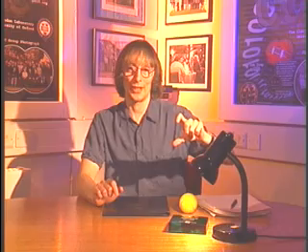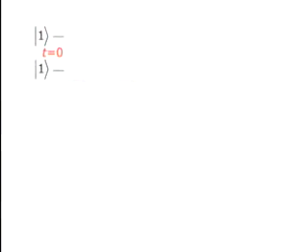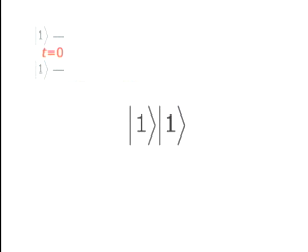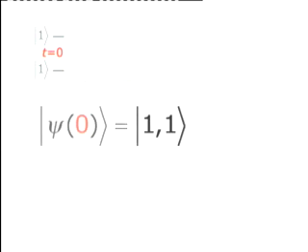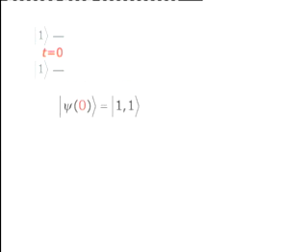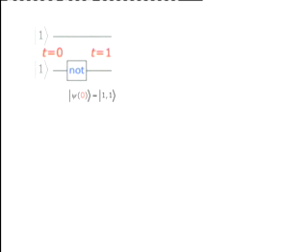So the overall state at time 0 is the tensor product of those, which we can write ket 1, ket 1. Then the second qubit encounters a NOT gate, which flips its Z observable to -1.